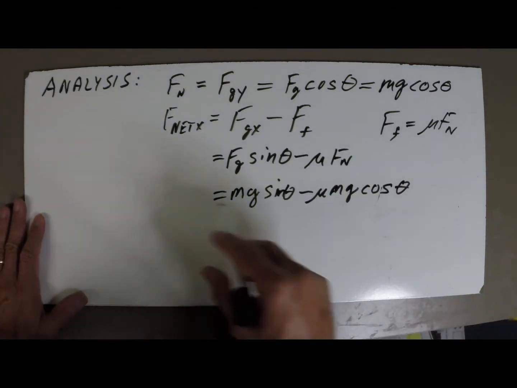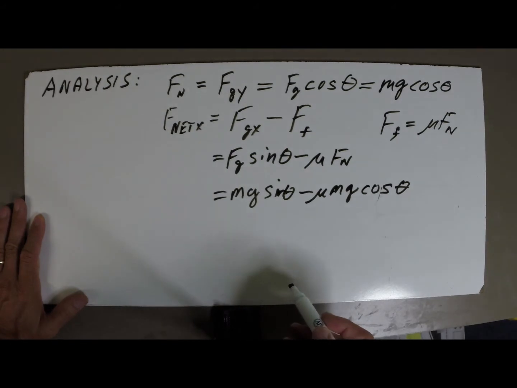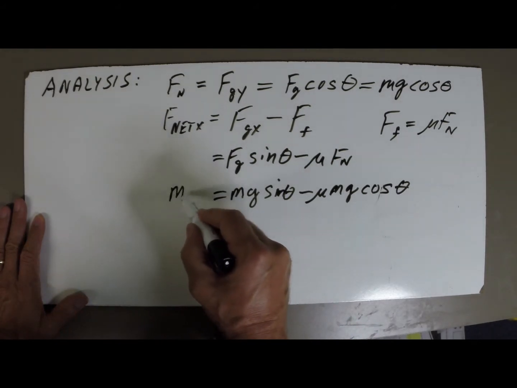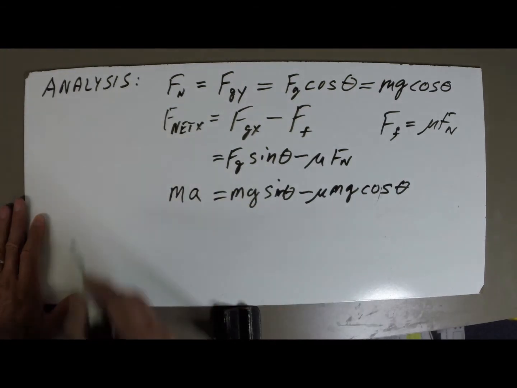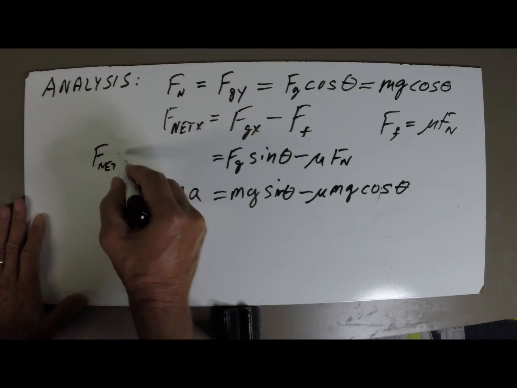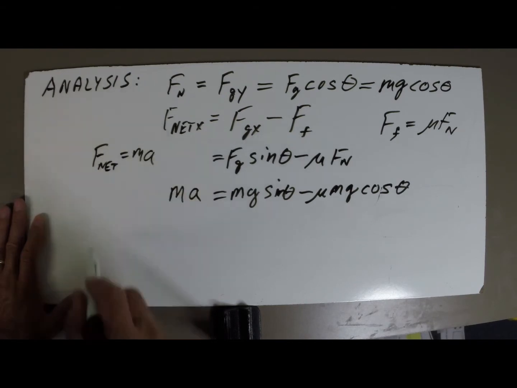So there's our formula for the net force acting, and by Newton's second law, all of that will be equal to ma. Newton's second law being F net equals ma.